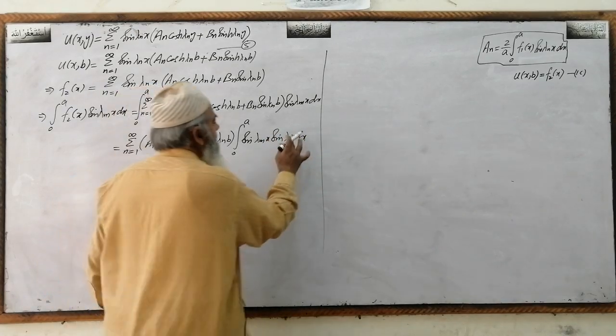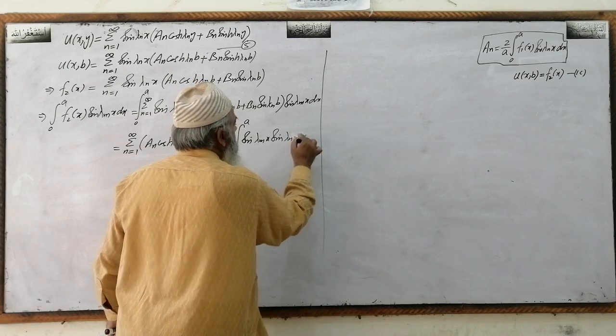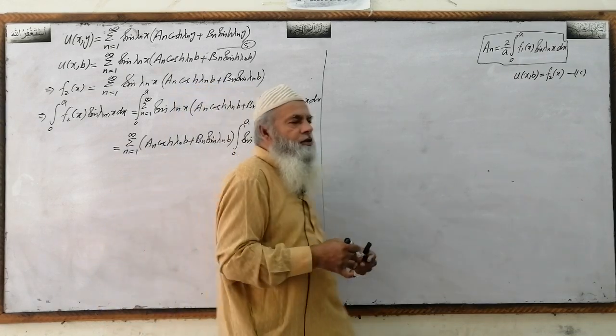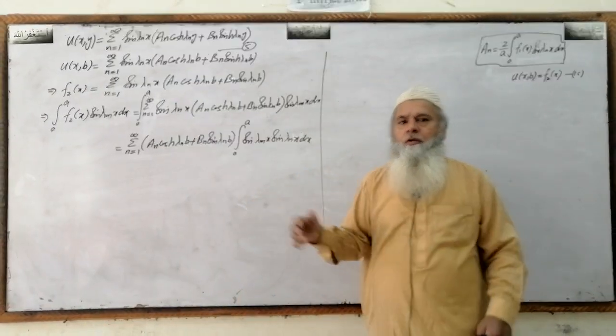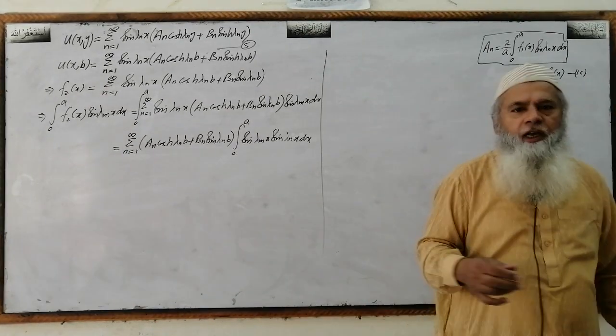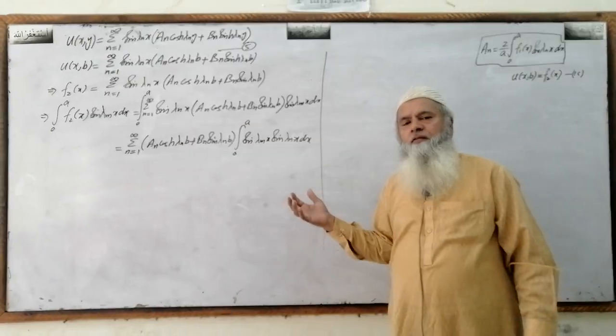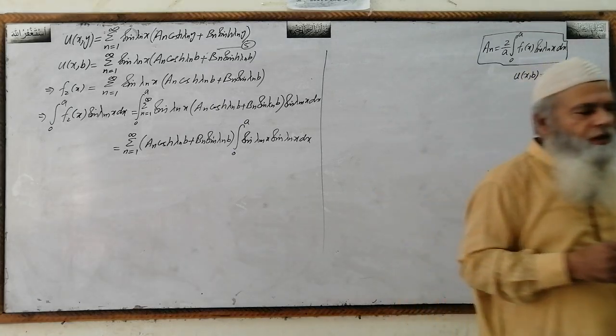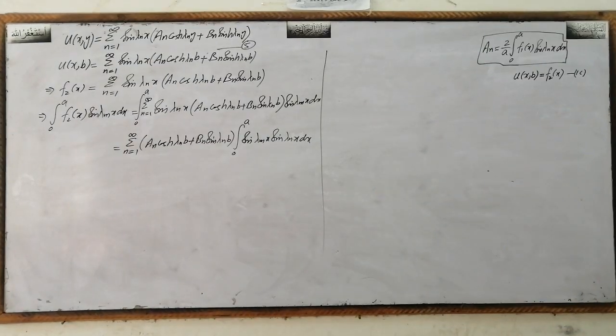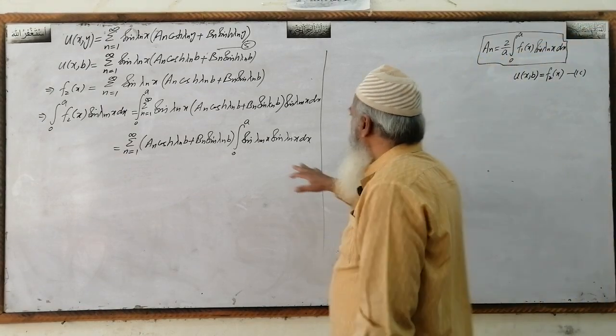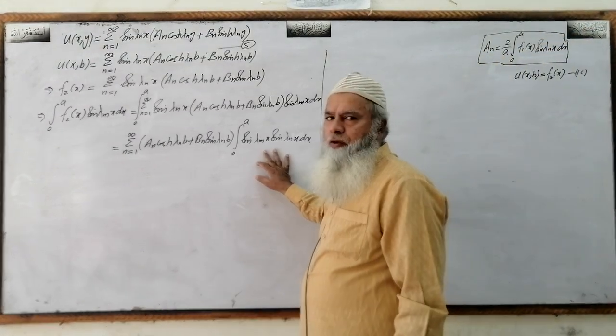And once again we are going to repeat the steps as we did in finding the value of an. Now how can we repeat? Obviously we have to convert this product to a difference formula.